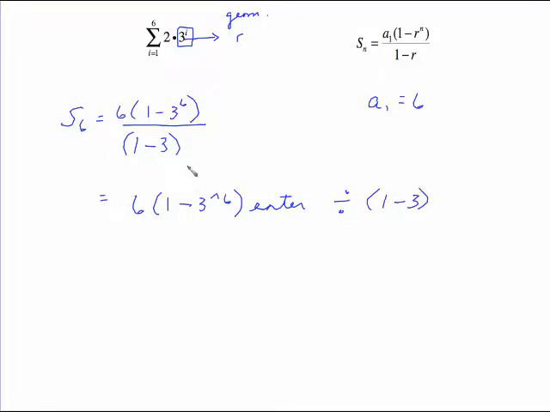In my opinion, 1 minus 3 is negative 2. That's easier to deal with. But your ratio could be something like 5/7, and you'd rather have 1 minus 5/7 right there. And when you type that in, you're going to get 2,184.